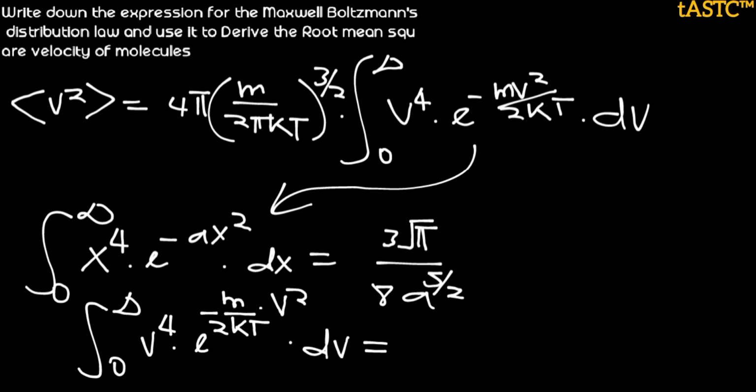So by comparison, we can see that this looks like this, and we got an x squared, and here there is actually a v squared, so that works.